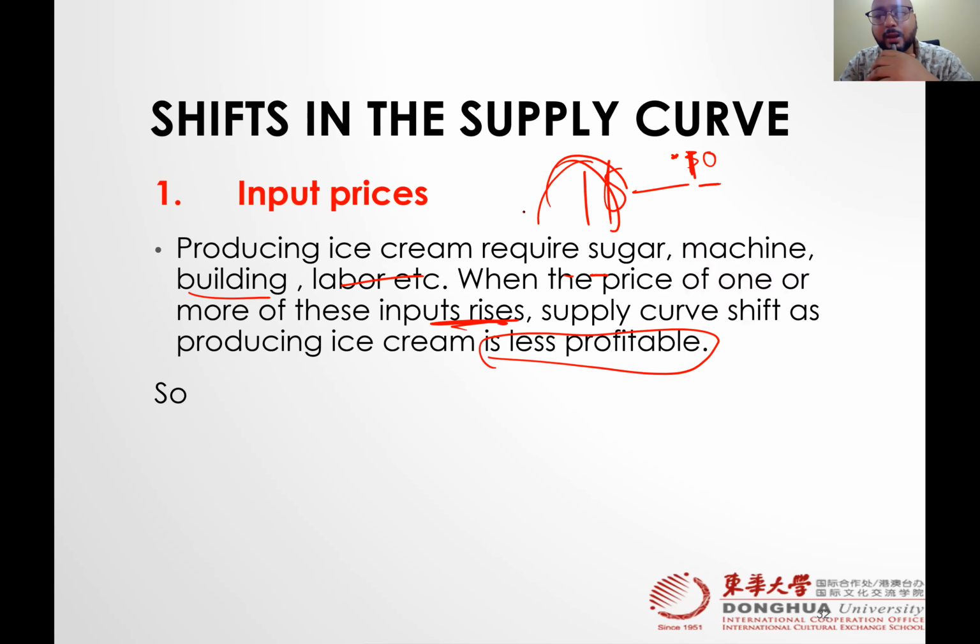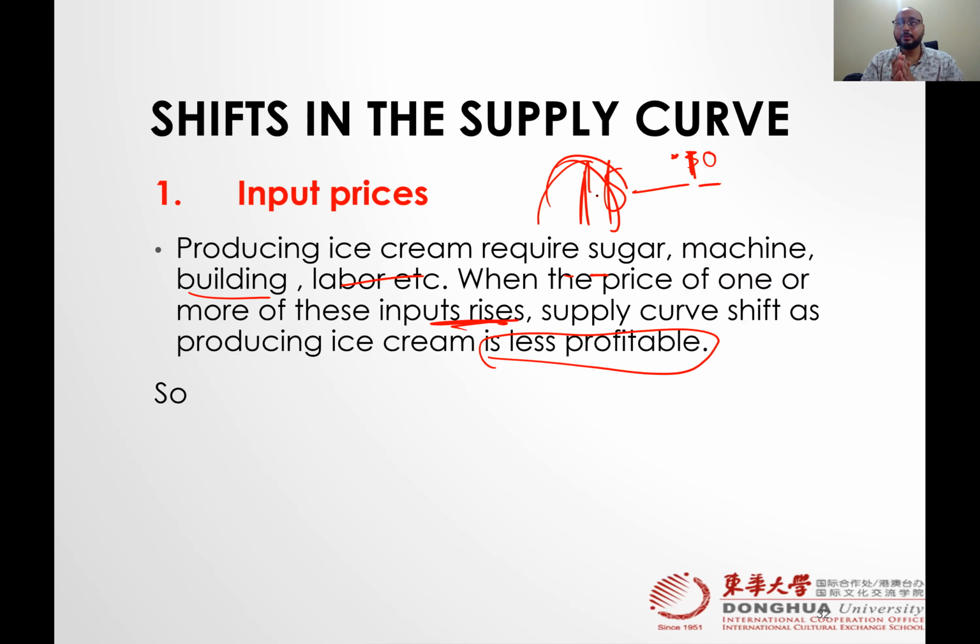The consumer will say, look, the price is $1. Why can I not find the ice cream? Because the producer will say it's less profitable for me to produce ice cream unless the price increases to $1.2 or $1.5, right? If the price is the same and your input prices rise, it is less profitable for you to produce, so you produce less.